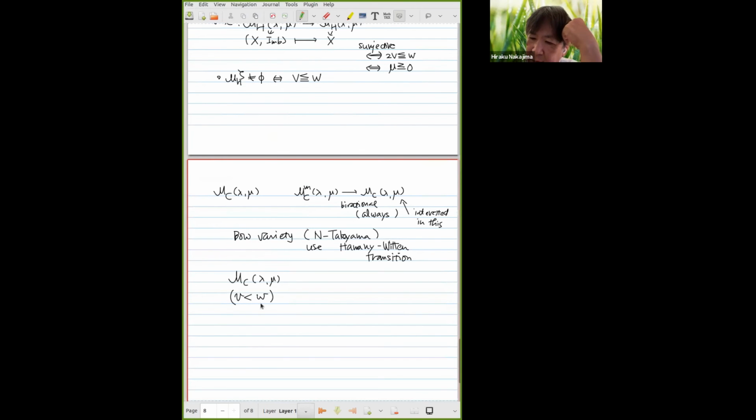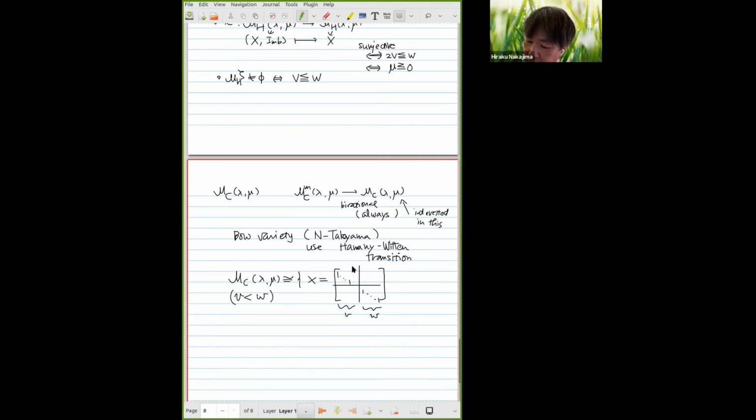I mean, this condition is somehow related to this non-emptiness in the Higgs branch. So this is described as the space of matrices like this. So we have a two-block nilpotent matrix of size W. This is the starting point, and you perturb this matrix slightly.